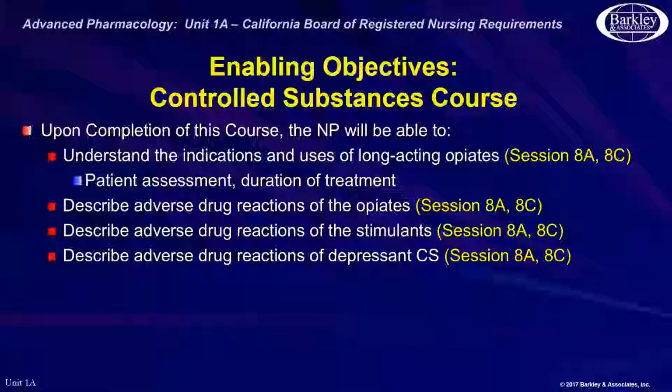In these modules, patient assessment and duration of treatment will be examined. Also in these modules, a description of adverse drug reactions of the opiates will be covered, as will descriptions of adverse drug reactions of stimulants and adverse drug reactions of depressant controlled substances, such as barbiturates and benzodiazepines.